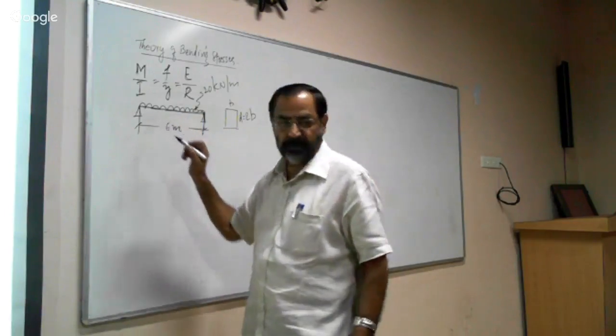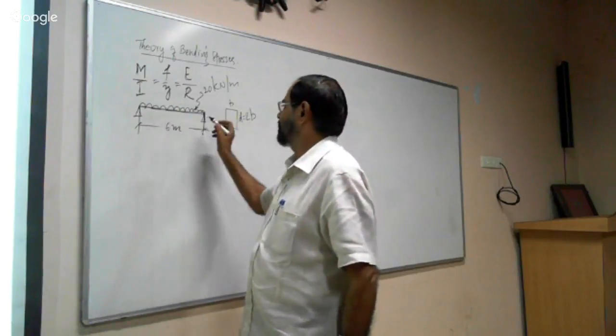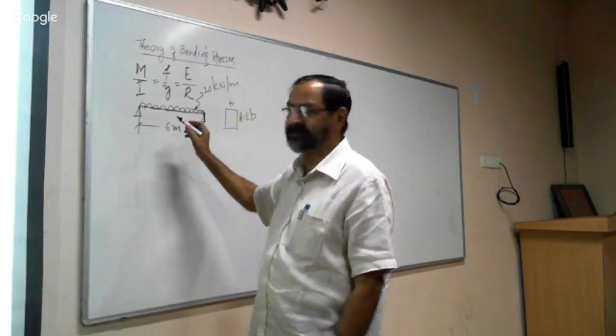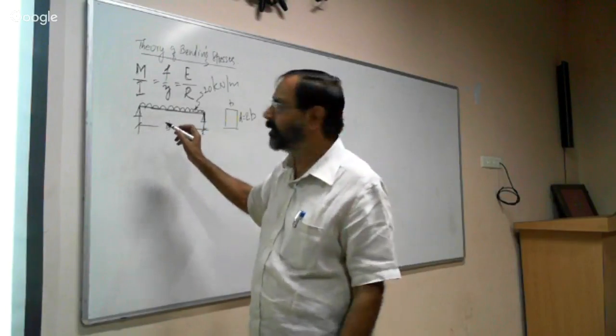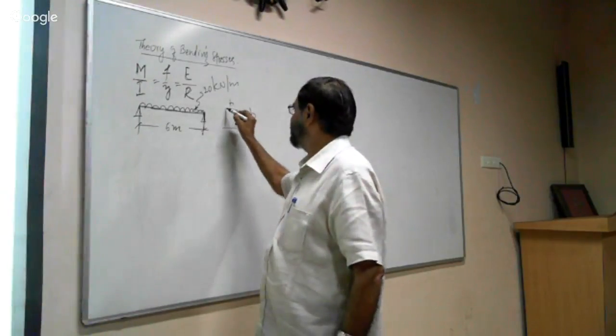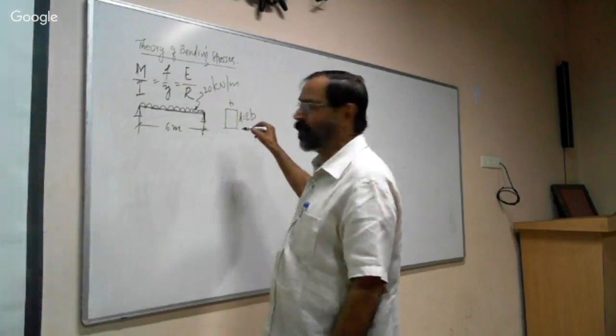So to solve this problem, the 6 meter span beam is subjected to a UDL of 20 kilonewton per meter, and the beam section is B, and the depth is 2B.